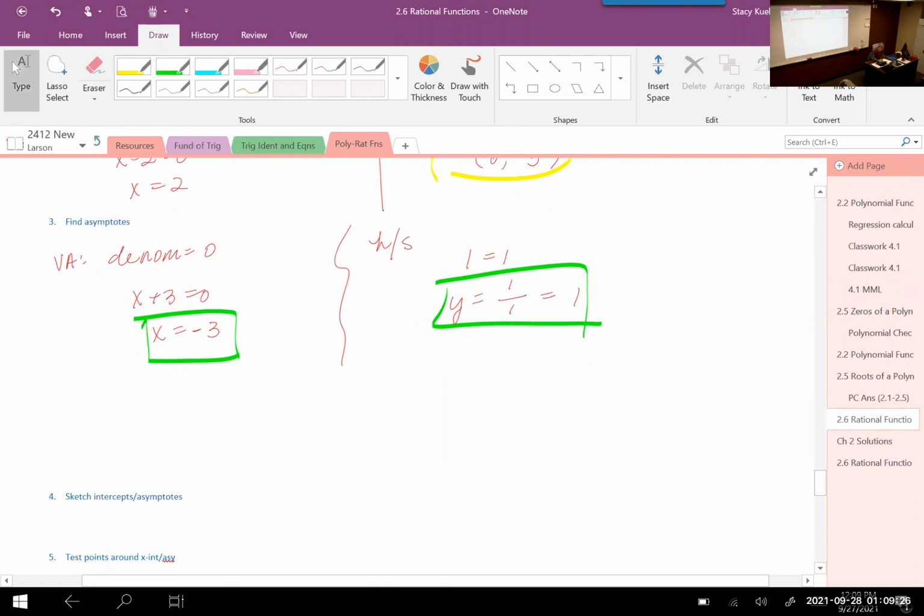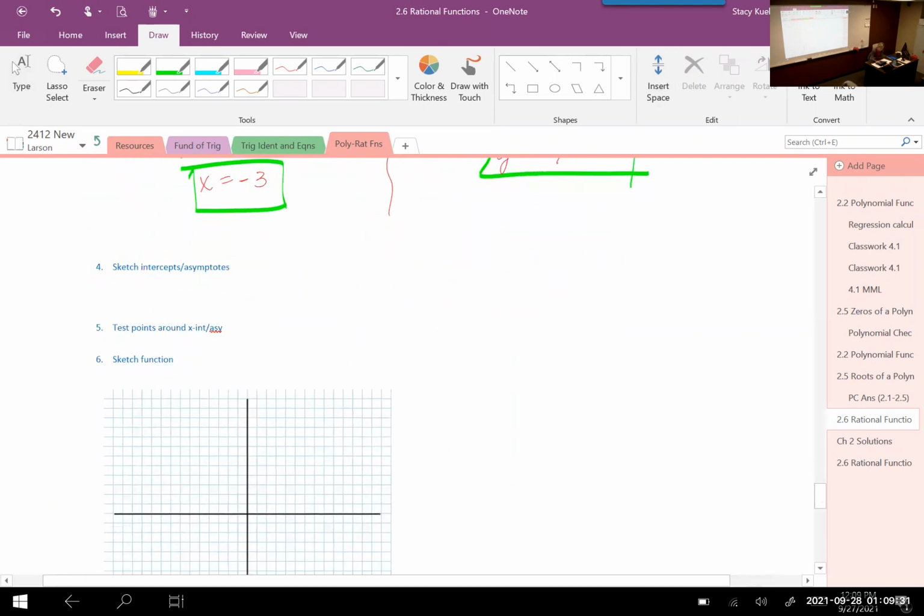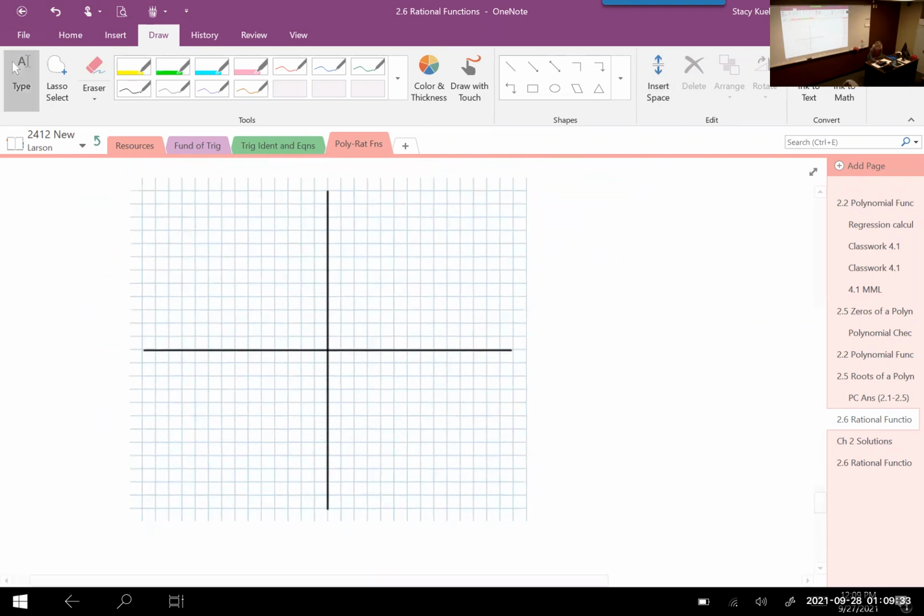once we do that, we're gonna kind of put our information on our graph. So you have a vertical asymptote at x is equal to 3. They do mean -3. I was going in that direction, but I just didn't say it. Right. So x is equal to -3.